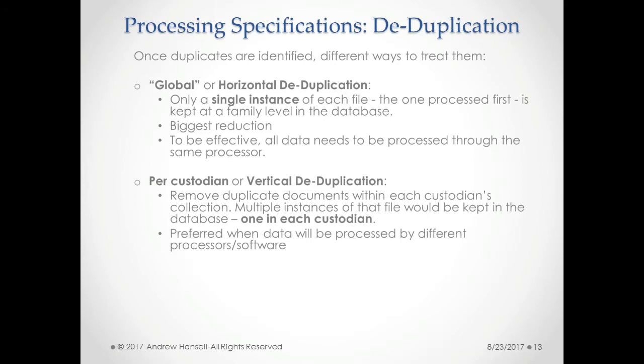So if custodians 1 and 2 were processed at the same place in the same software, they will dedupe fully against each other. But then if custodian 3 is added from another processing location or was processed separately and is now being loaded into the database, they would not dedupe against custodian 1 or 2, and I'm going to have a confusing situation where I think my database has been globally deduped, and yet I still have multiple instances of some documents.